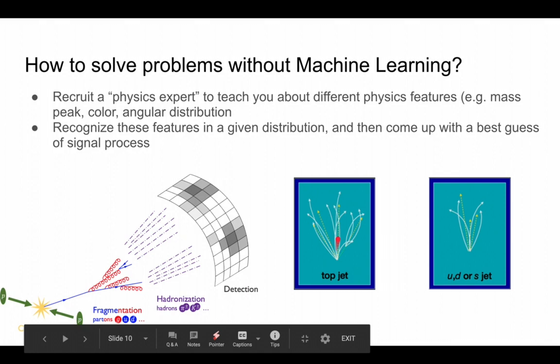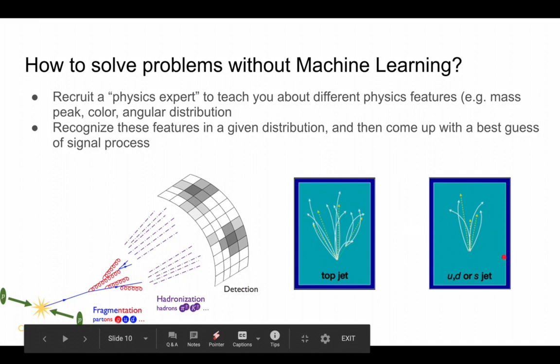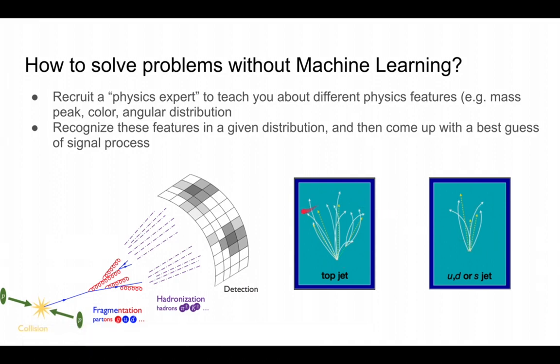When it hadronizes to final state particles, it has more energy to be shared by hadrons. Therefore, we expect there should be more final state particles originating from the top quark compared to the light quark. And because there are more particles, there is more spread of the particles.